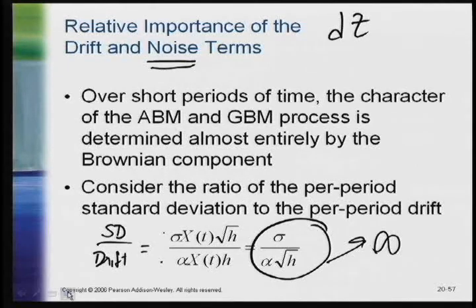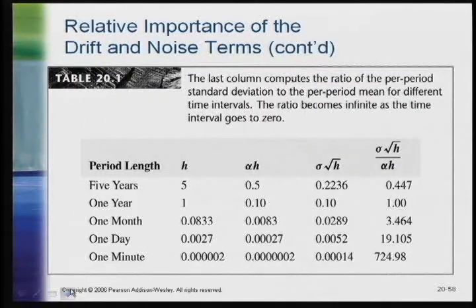And we can see a numerical example of that in this table. It's just a simple numerical example of what that formula tells you. If you're looking at periods of a year or greater, the ratio is smaller. But for periods less than a year, h less than 1, because we're measuring time in years, we see that the ratio of the volatility to the drift term gets increasingly big.